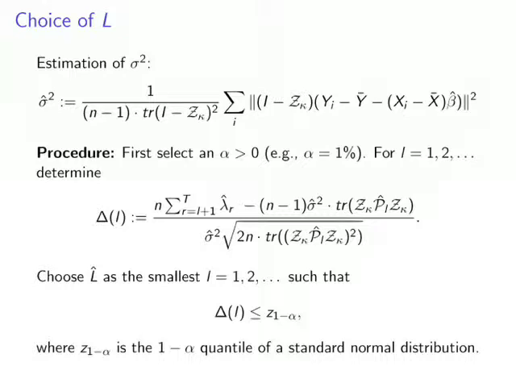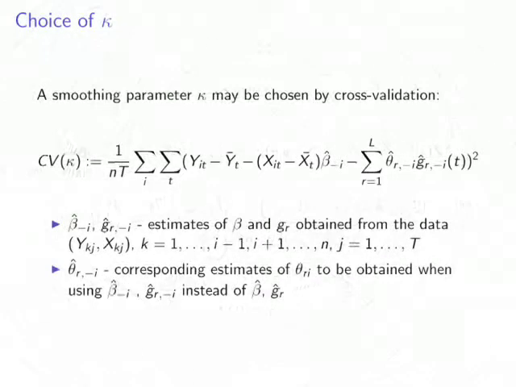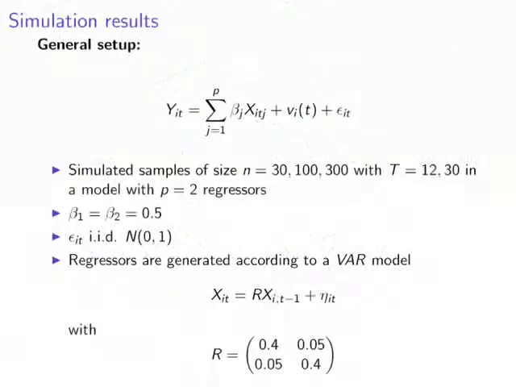We choose L hat as the smallest L for which this statistic is smaller than the corresponding quantile of a standard normal distribution, just to use these theoretical results. The parameter can also be chosen by cross validation, based on the quality of the approximation by the G's. It can also be shown to work. Okay, so I just want to show you some simulations to end with.